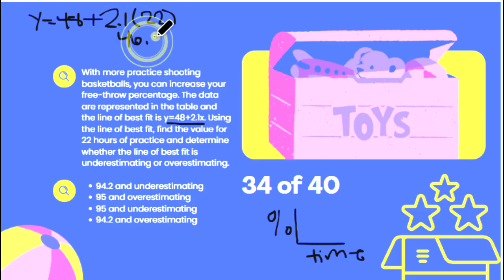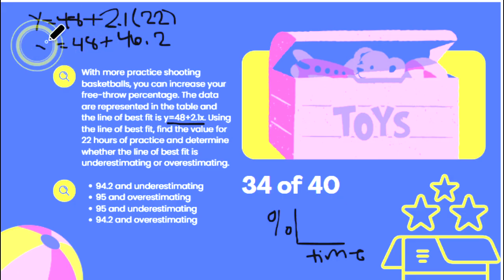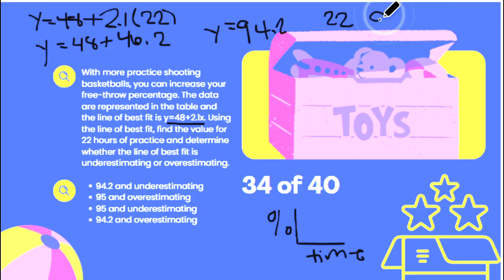And we're going to add 48 to that to find our y coordinate, which gives us 94.2. So for 22 hours of practice using the line of best fit, x is 22 and y is 94.2.